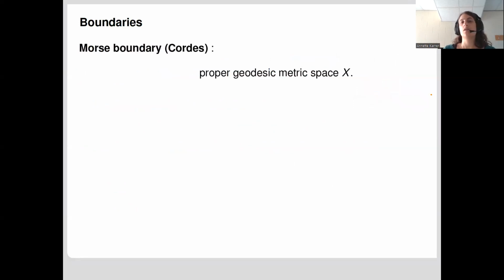Here we look at some proper geodesic metric space and a finitely generated group which acts geometrically on such a space.